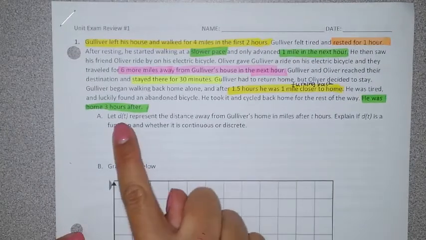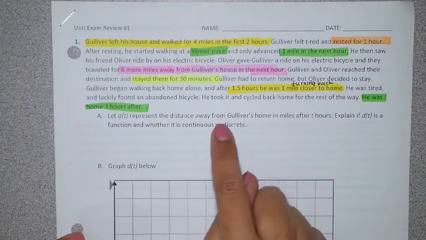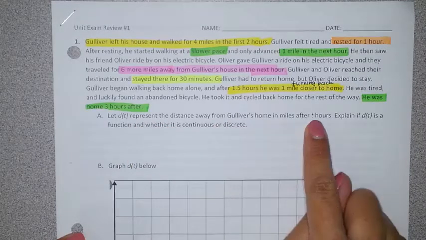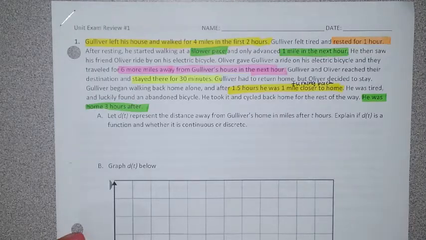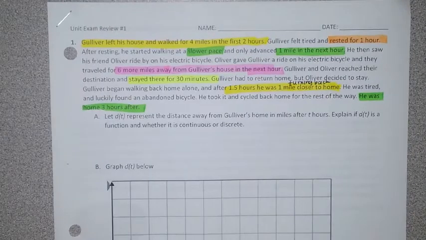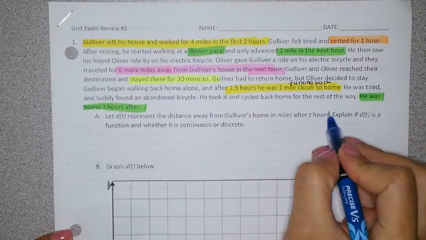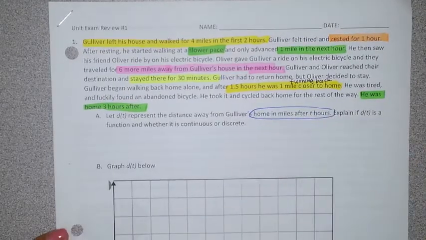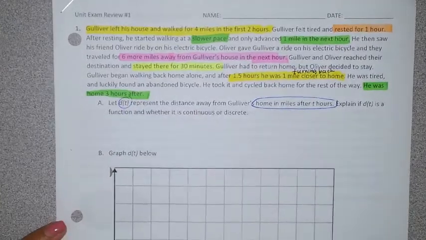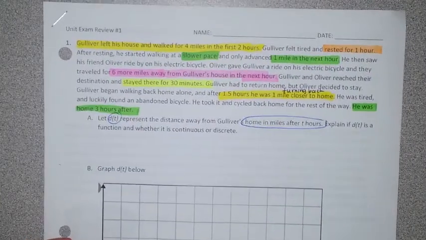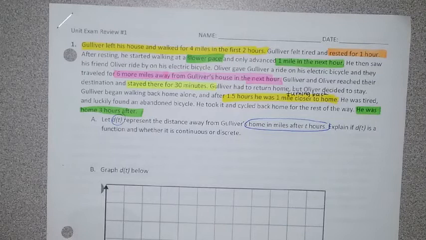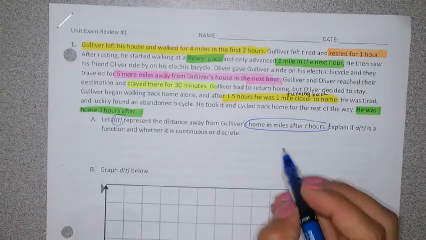It says that D of T represents the distance away from Gulliver's home in miles after T hours. And we have to explain whether it's a function and whether it's continuous or discrete. So by using function notation, obviously it's a function, but we need to explain why. Here we're talking about miles and hours.